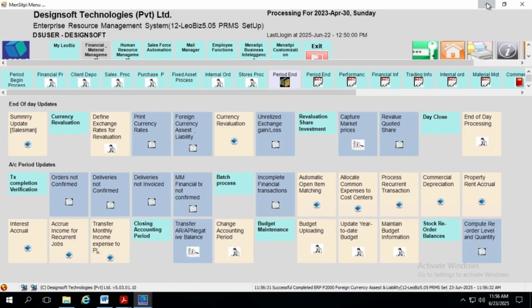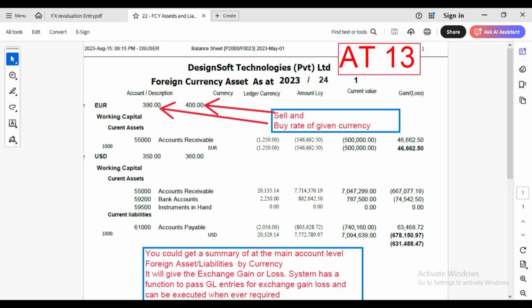For each financial asset subaccount in foreign currency, profit is the current value of the asset valued at today's buy rate less the cost of acquiring the asset represented in books in local currency. And for liabilities, it is the liability incurred, represented in books in local currency, less the amount required to settle the liability at today's sell rate.